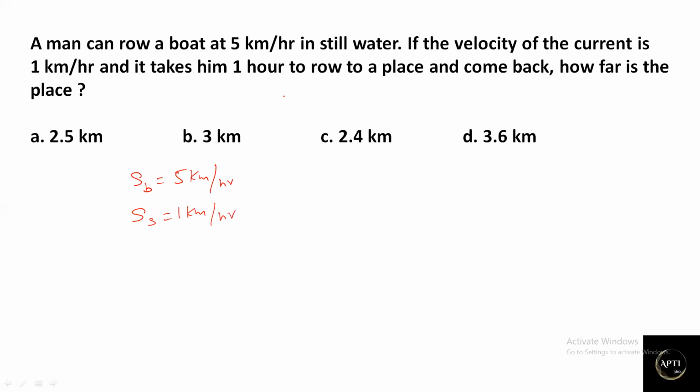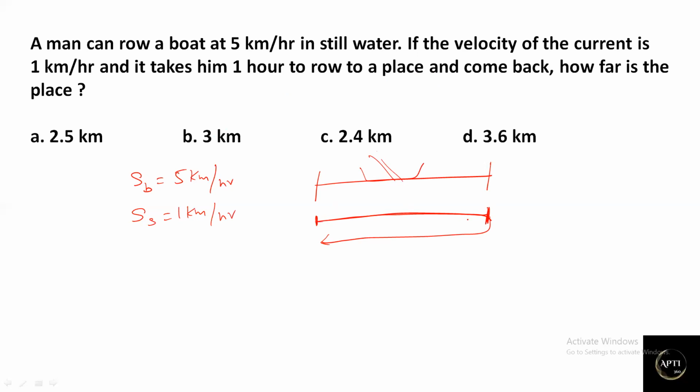And it takes him 1 hour to row to a place and come back. Let us take an example. If this is the place, and he is going on the boat, and he takes a total of 1 hour, from starting to ending and again coming back, can I say that he is traveling this particular distance two times?